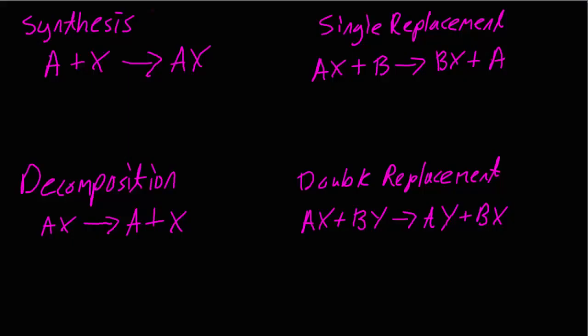This is the big 4 categories. In this notation, A's and B's are representing positive ions, and X's and Y's are representing negative ions. So keep that in mind.